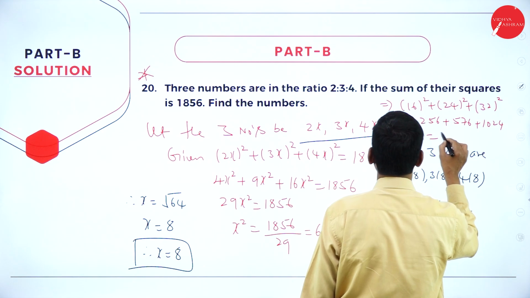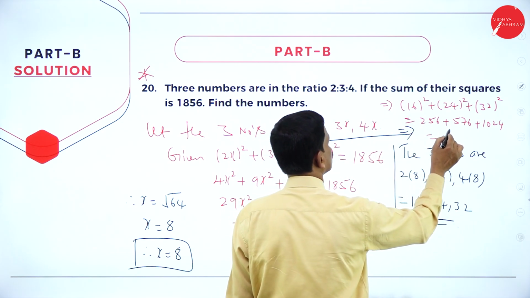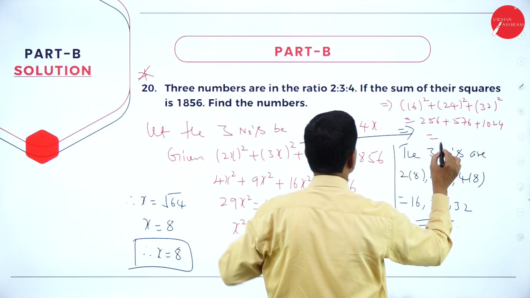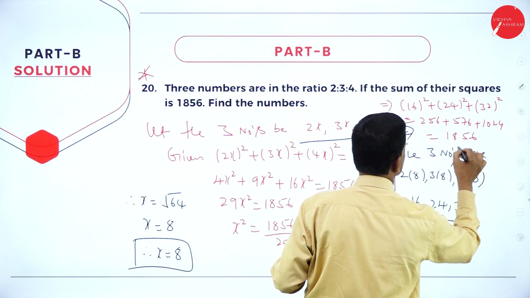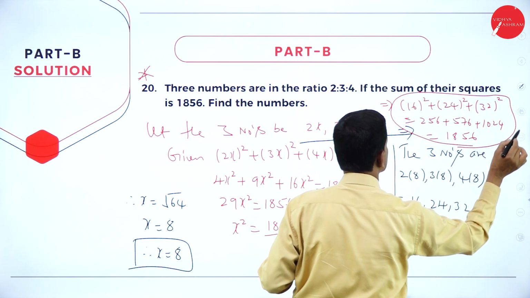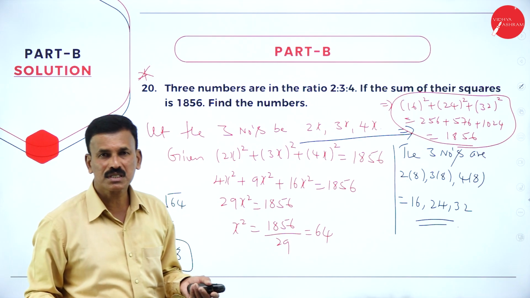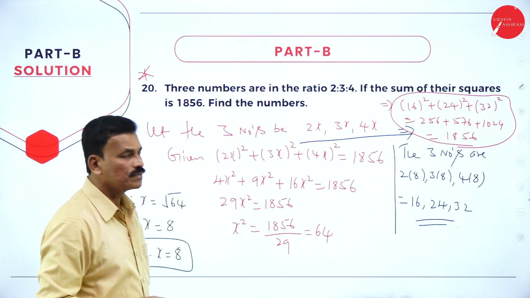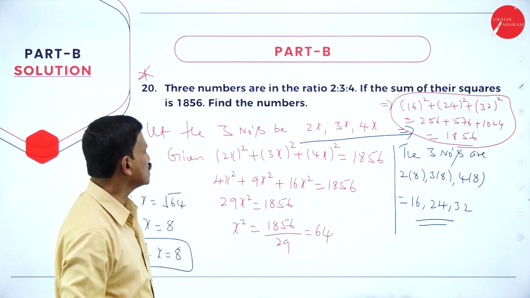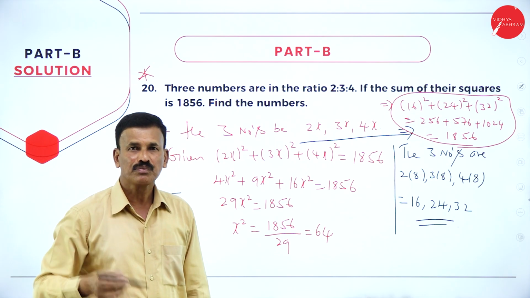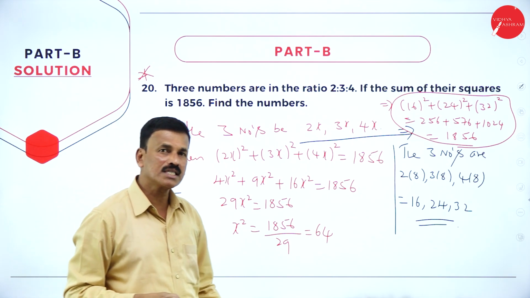If you add, how much you will get? 256 plus 576 plus 1024 is equal to 1856. This is how we verify if it is required. So the three numbers are 16, 24 and 32. Hope you followed. Now move on to the next problem.